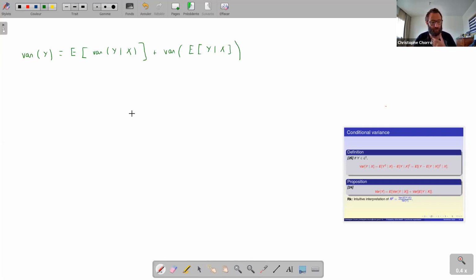So we are going to prove this, starting from these two terms and seeing what happens.